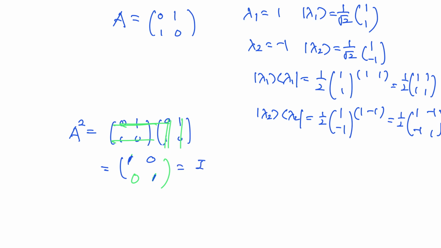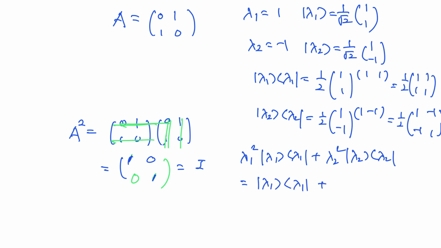So let's check. Lambda 1 squared times the first projector plus lambda 2 squared times the second projector. That's basically 1, right? So 1 squared is 1, minus 1 squared is again 1. So this sum is the identity. The same, right?